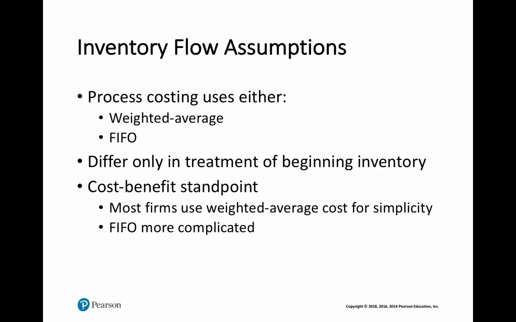For the most part, all we need to know for this class is how to use the weighted average method, and that there is a second method, which is a little more complicated to calculate and track, requires more resources, and the significant difference is the way it treats the beginning work in process inventory.